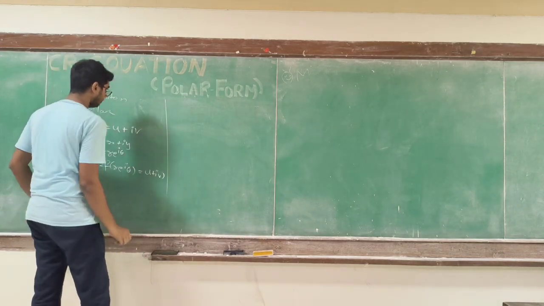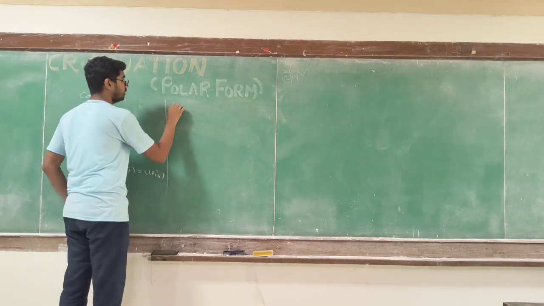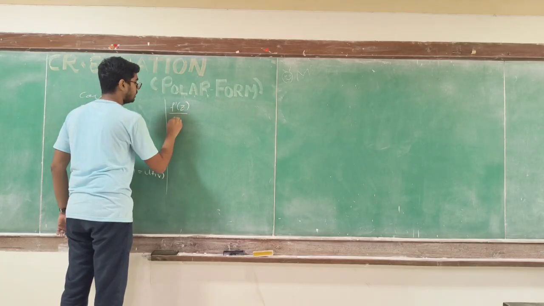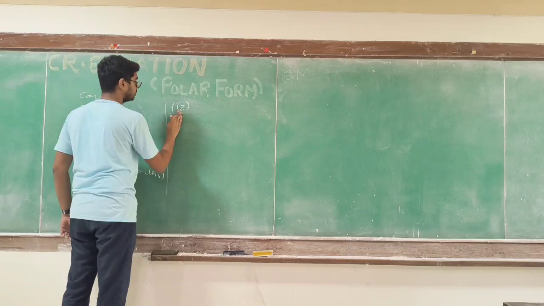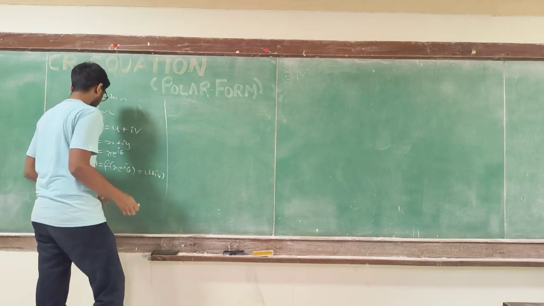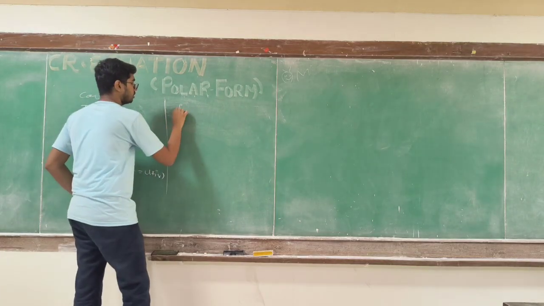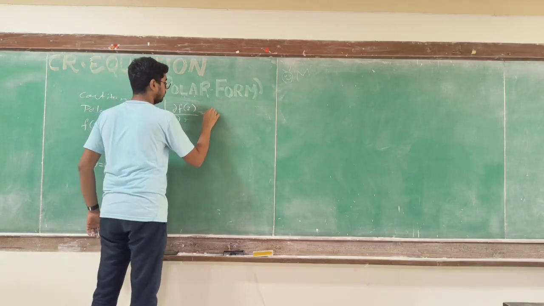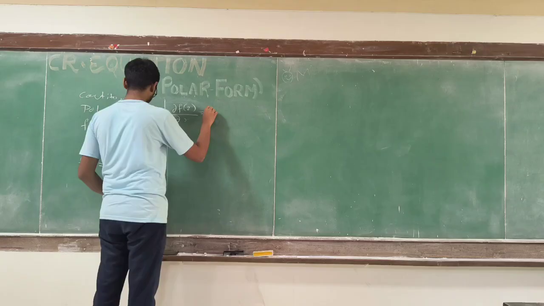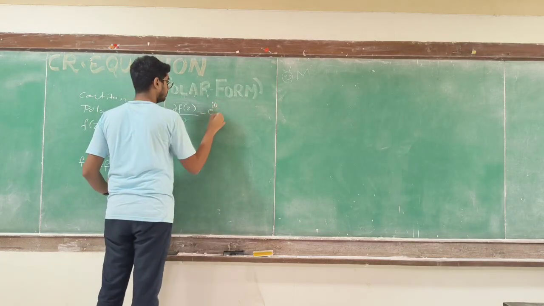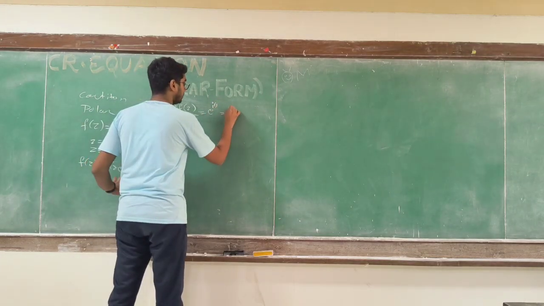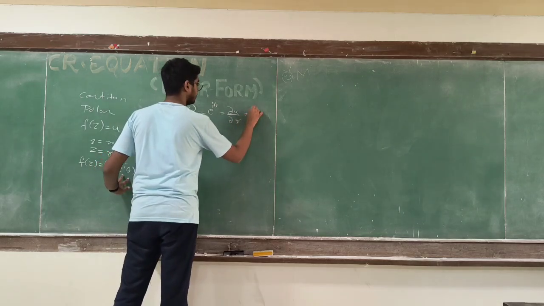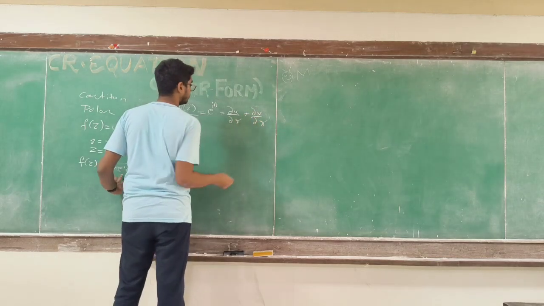Similar to the previous theorem, let's consider we are differentiating this f of z with respect to r. We will have e raised to power i theta equals del u upon del r plus i del v upon del r.